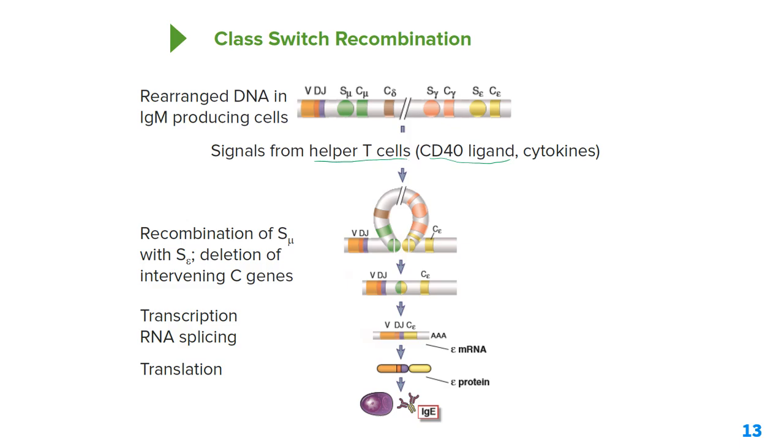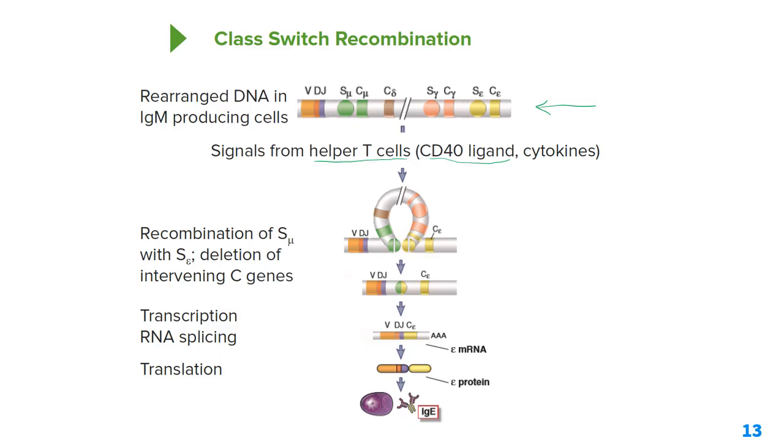And here is the DNA of your heavy chain, because remember, your heavy chain is what is stuck on the membrane and is going to dictate what class of antibody the B cell is going to produce.